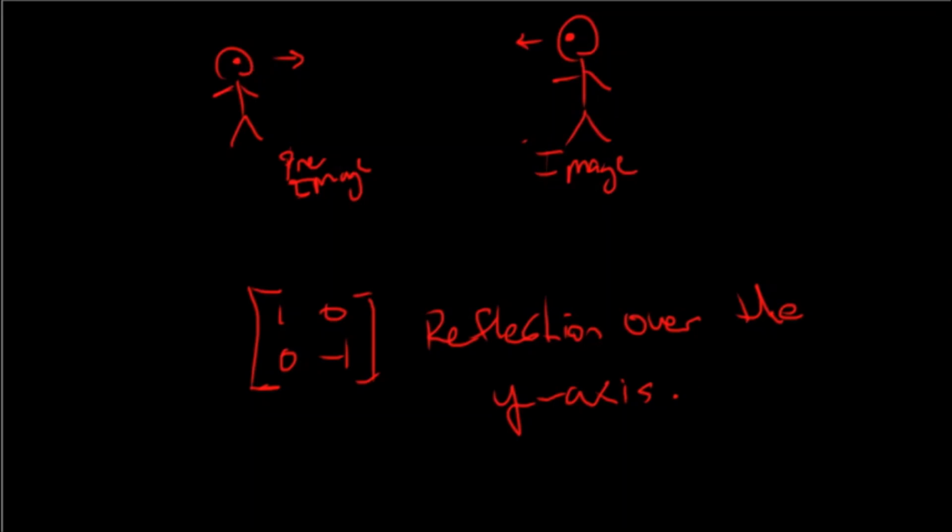This is probably like 16 pixels. Imagine having the matrix 1, 0, 0, -1, the reflection, and then multiplying that by 1,000 columns.